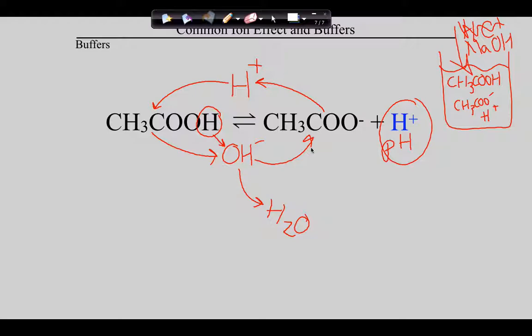If you dump an acid in a buffer, the conjugate base goes, I got this. But if you dump a base into a buffer, the unprotonated acid goes, I got this. But then you're like, wait, if the unprotonated acid gives away a hydrogen, doesn't that make hydrogen ion go up? No, because where does the hydrogen go? To water. And it doesn't mess with the pH. You get the idea? Isn't that cool?